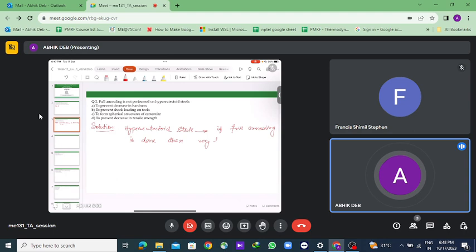That is called shock loading. That is why hypereutectoid steels are not subjected to full annealing. As a final heat treatment they can be subjected to full annealing, but then some other heat treatment is to be performed so that the thickness of the Fe3C layers, which have become very thick, can be reduced. But it cannot be performed as the final process.